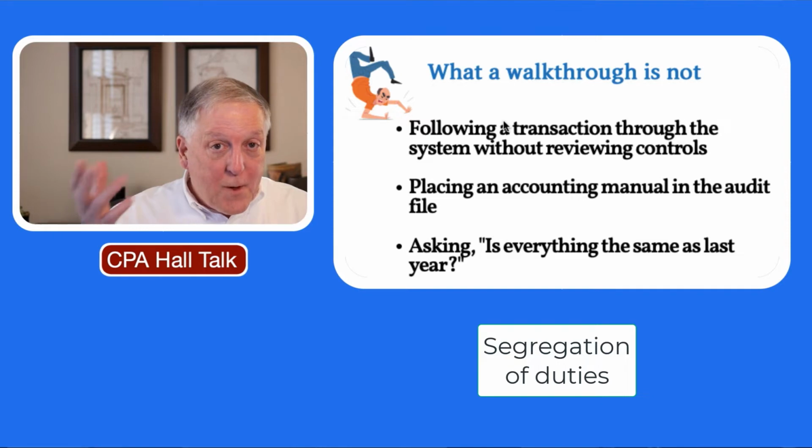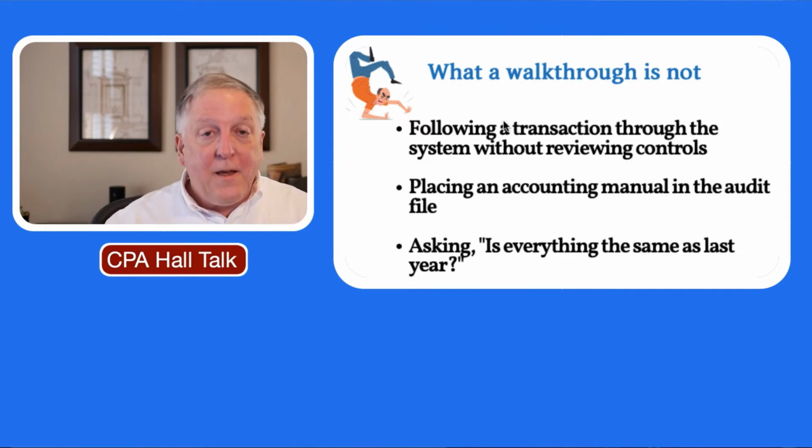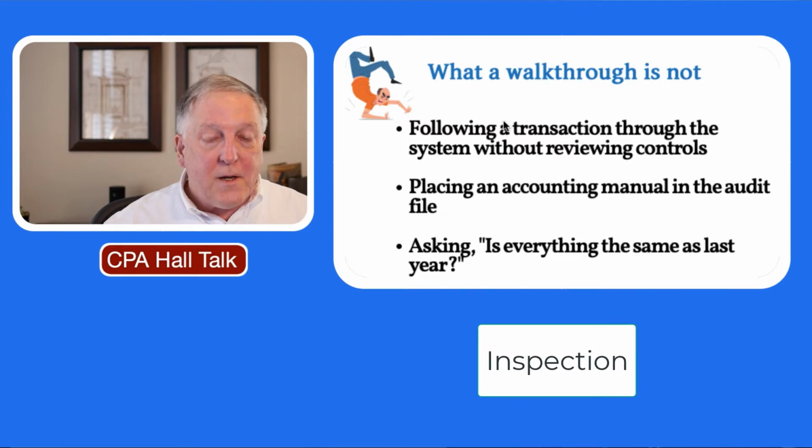When I observe, I see that there's multiple people involved in the process. That is in addition to the inquiries that I'm making. So I'm asking questions, but I'm also observing how many people are involved in the process and who is doing what.